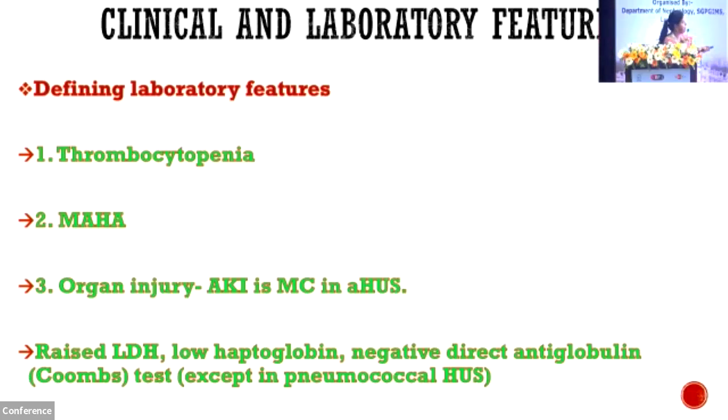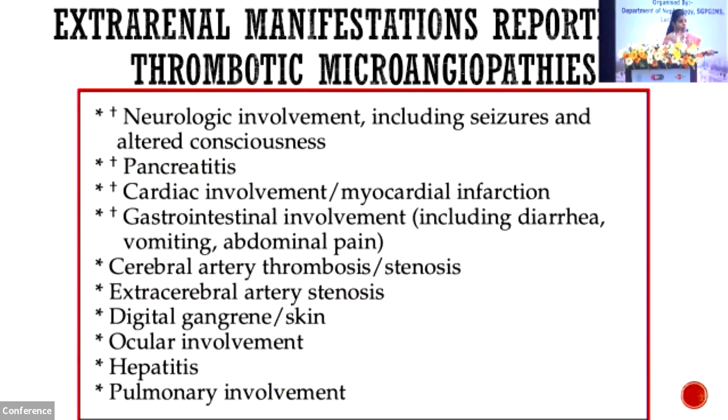The other ancillary tests, the biochemical and the clinical tests that will help you in establishing a diagnosis of TMA will be a raised LDH, a low haptoglobin, and a negative DCT. So once you have made a clinical diagnosis of TMA, the most common differential that we see may be a DIC, which is actually a problem of the coagulation cascade. But these initial biochemical tests can help you distinguish that.